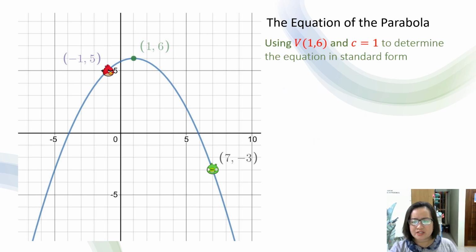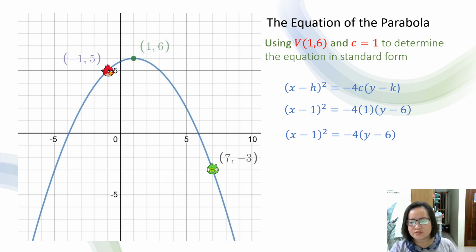Now supplying the found value of c to the given format, we will have h equals 1, k equals 6, then c is equal to 1. So we replace the variables with the known values.